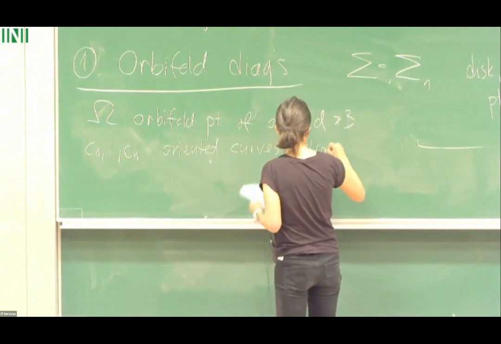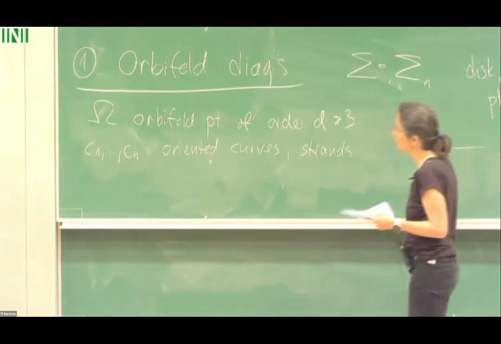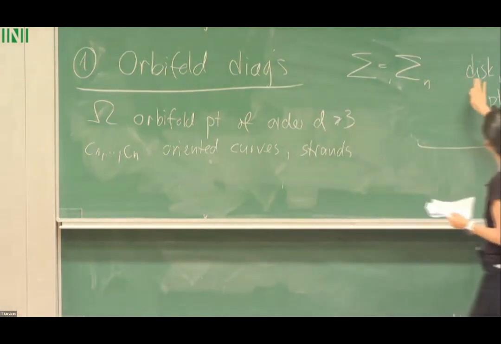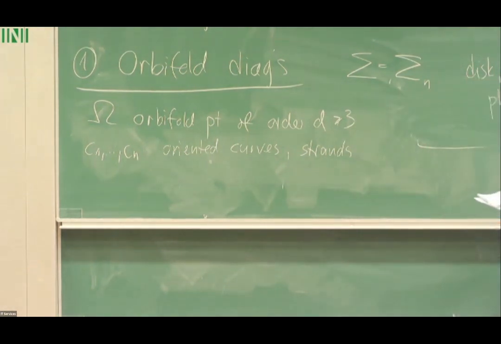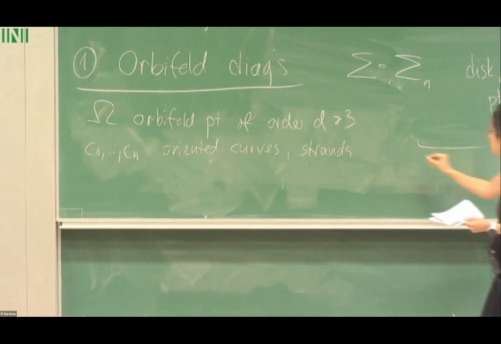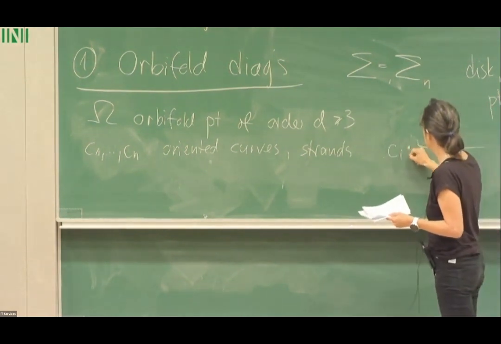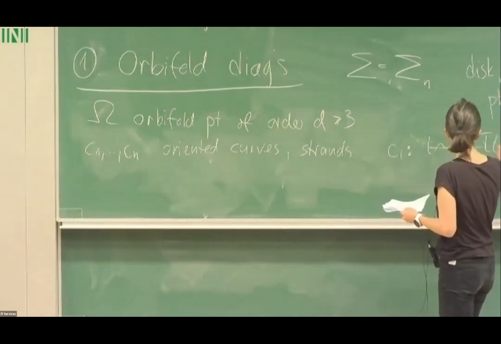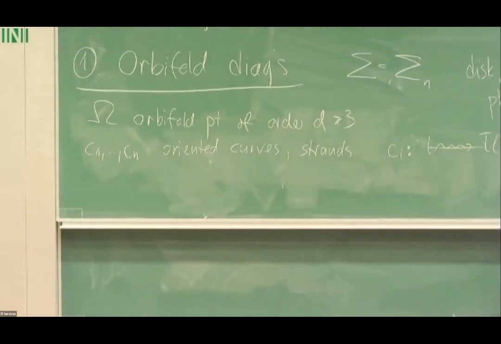So such a diagram consists of n curves, which are called strands. They should never go through Omega. And they connect these points. So they introduce a permutation of the points. Say C_i goes from i to tau(i), for a permutation tau of the points.